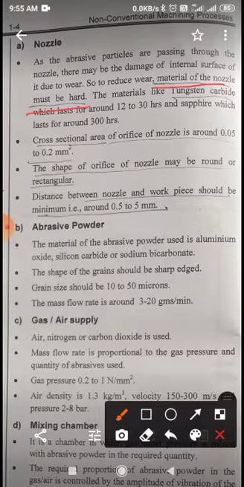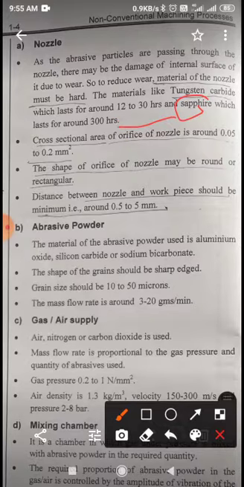Now, materials like tungsten carbide, which lasts for around 12 to 30 hours, and sapphire, which lasts for 300 hours. These are the two materials.